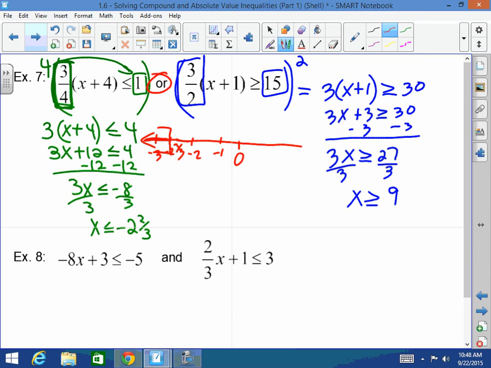On the other side, I have 9, and it's greater than or equal to. My solutions: I'm going from negative infinity to negative 2 2/3, in union with, I'm going from 9 to positive infinity.